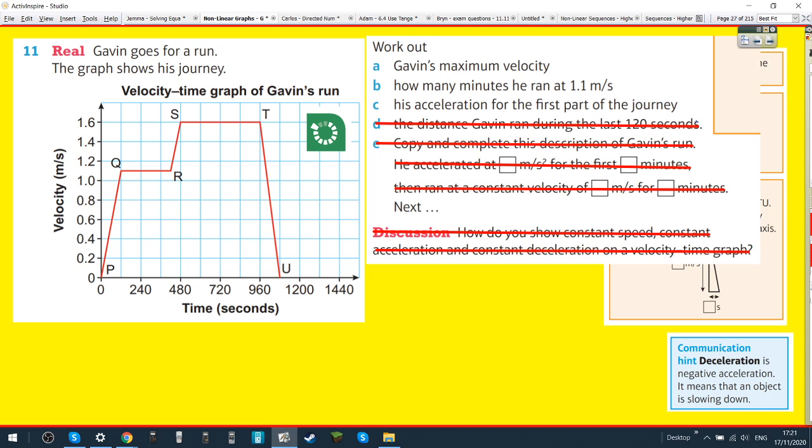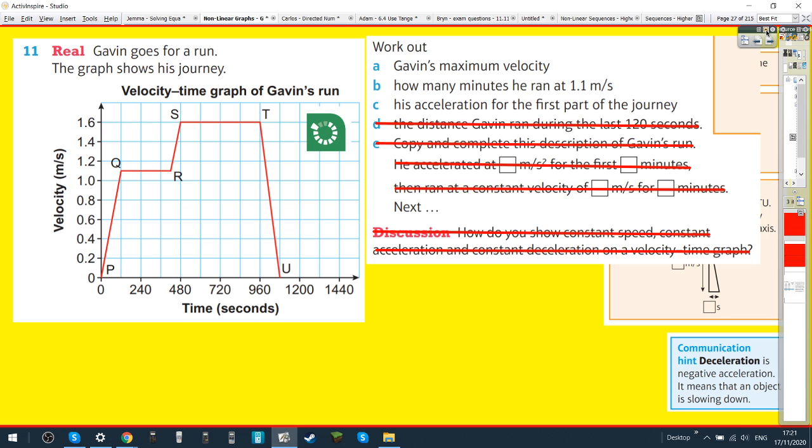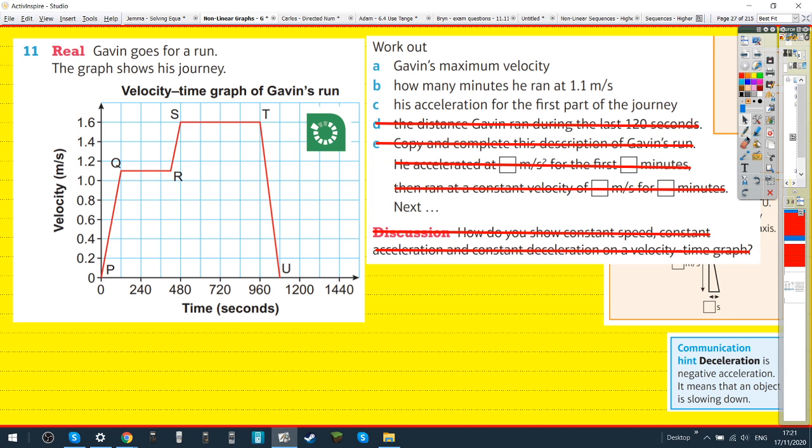Okay, so this is a velocity time graph. So let's try this one. Gavin's maximum velocity.